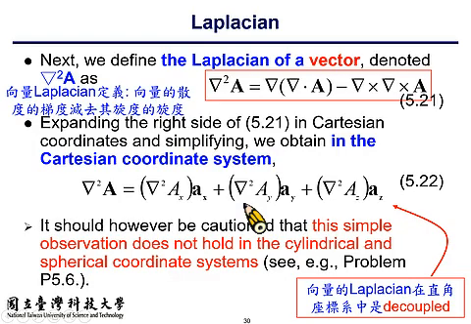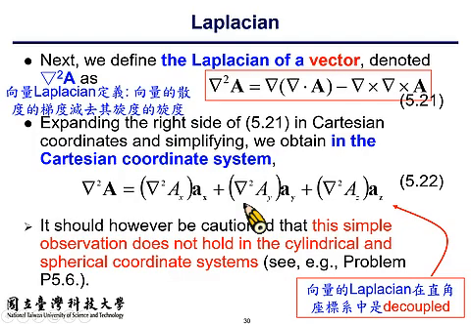Fortunately, if you try to express the Laplacian of a vector in the Cartesian coordinate system, you can simply reduce it to three scalar Laplacians: the Laplacian of Ax, that is the projection of vector A on the x direction, the Laplacian of the scalar Ay, and the Laplacian of scalar Az. And as you can see, the Laplacian of a vector is a vector. Now you have Ax term, Ay term, and the Az term.